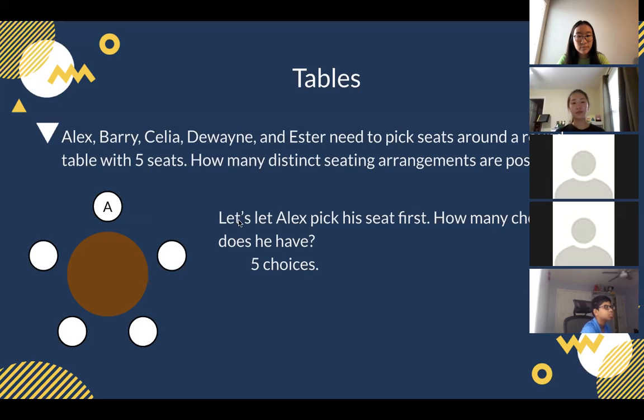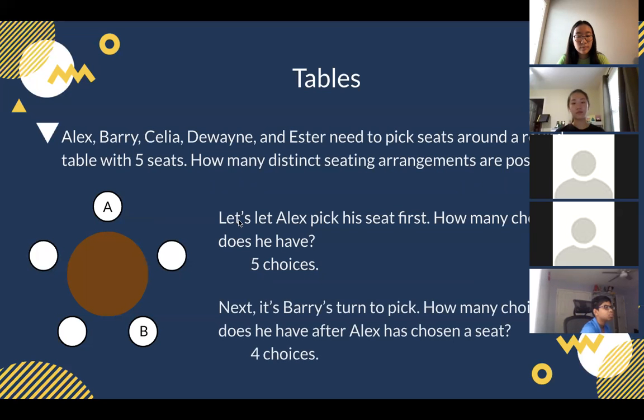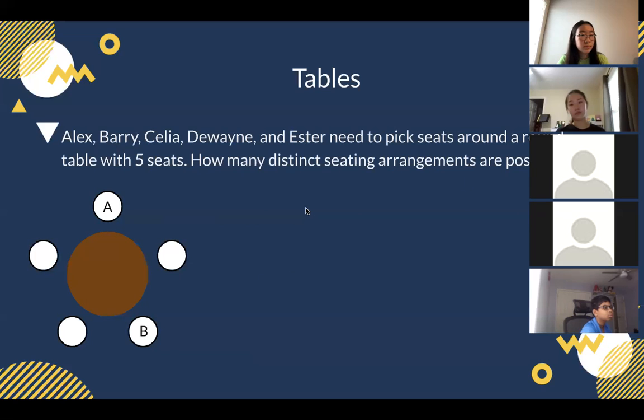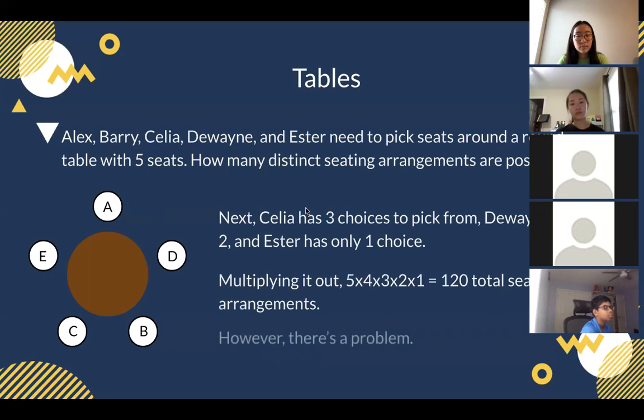All right. And then there's 4 choices left for Barry, and then 3 for Celia, and 2 for Dwayne, and then 1 for Esther, right? That's going to be 5 times 4 times 3 times 2 times 1, which is 120 total seating arrangements.